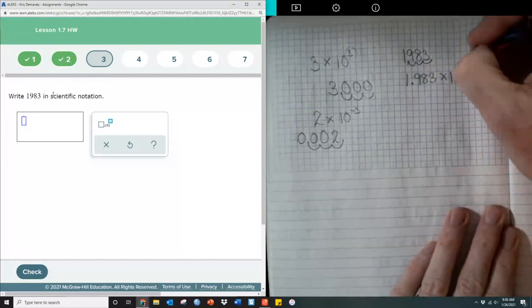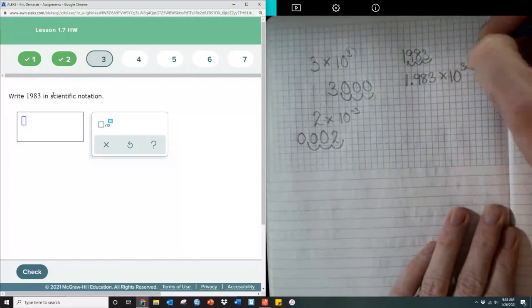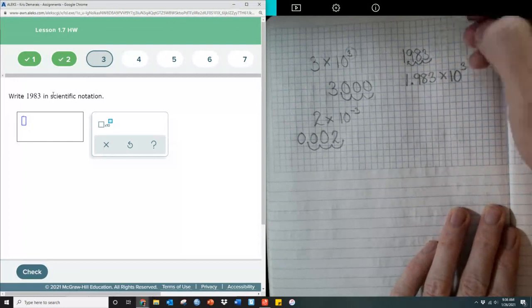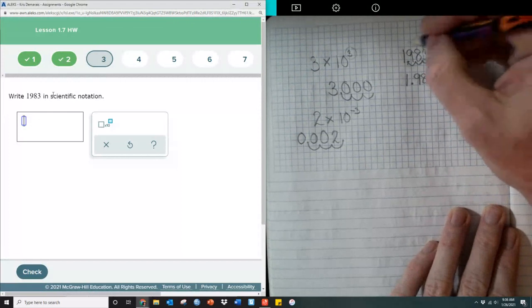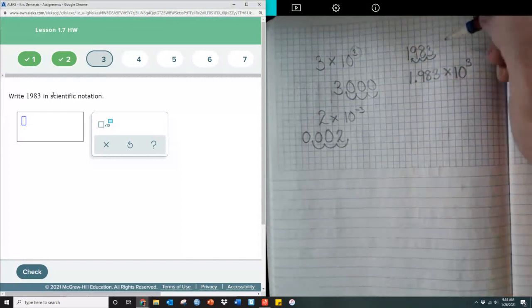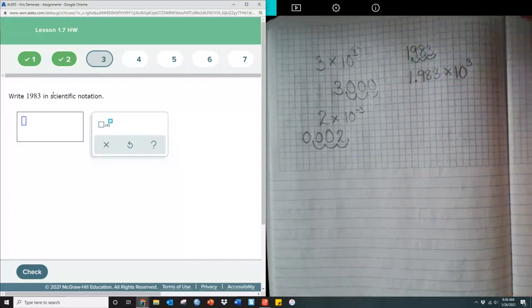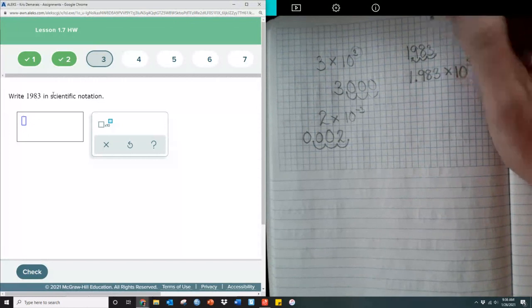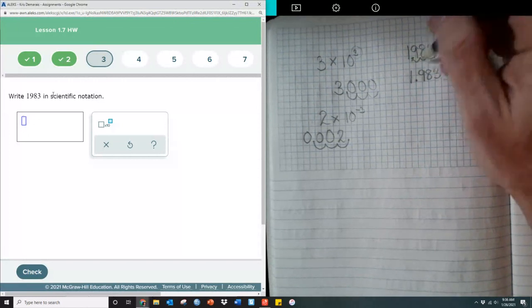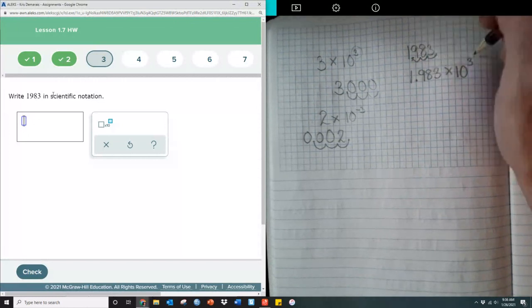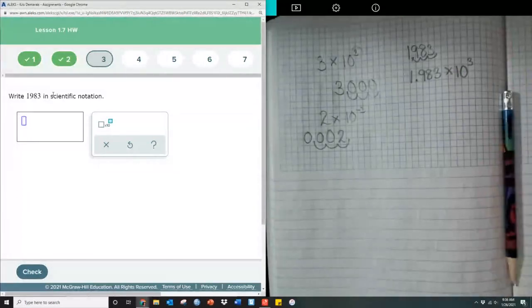Because we had to move it to the left 3 units, we're going to add 3 to the exponent. Okay? Another way of looking at it is if the number is greater than 1, then the exponent is going to be a positive power. That's just one way of thinking about it.